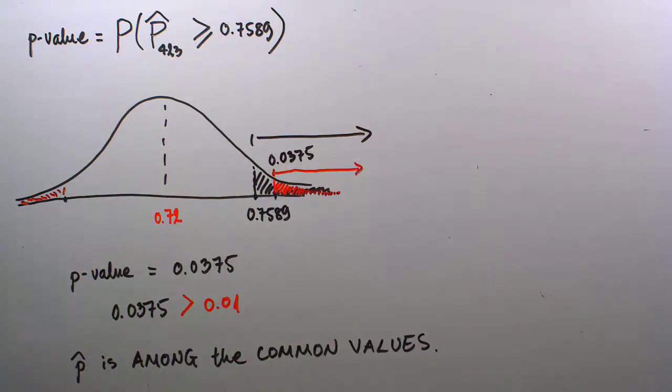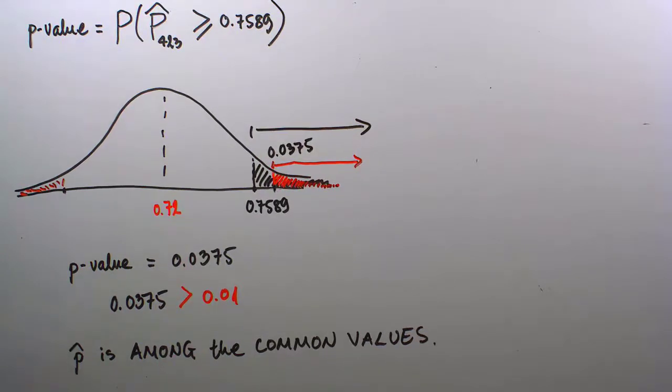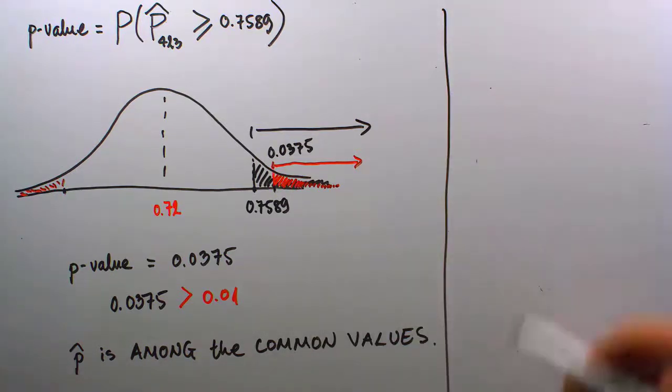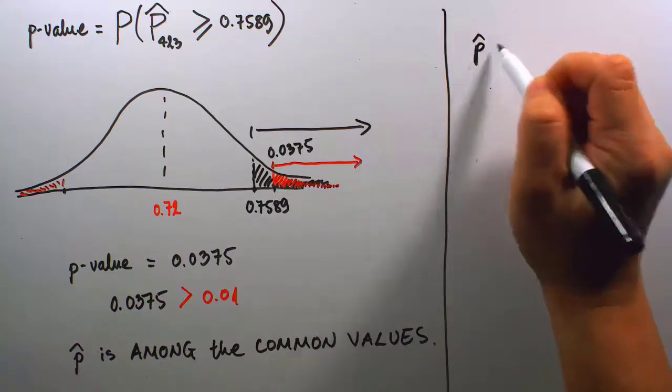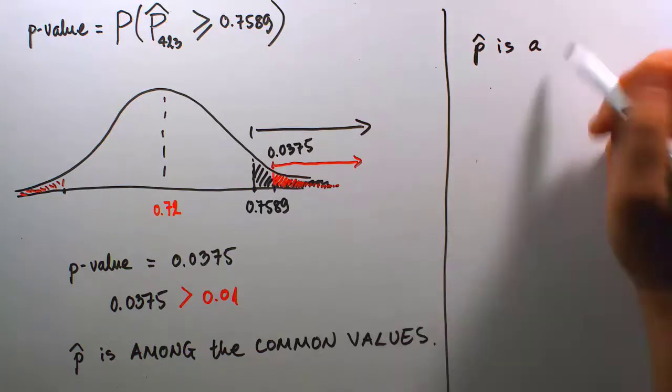And in that way, that's how I can make my final conclusion, that p hat is or must be among the common values. So now p hat itself, being among the common values, means that p hat is a common value.